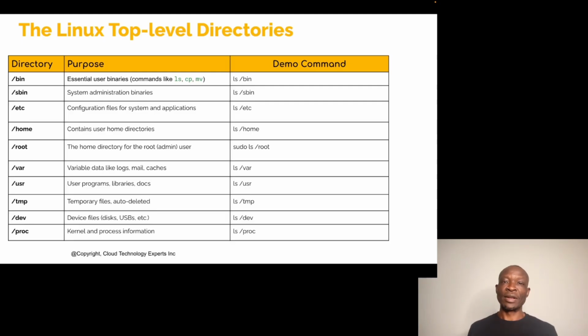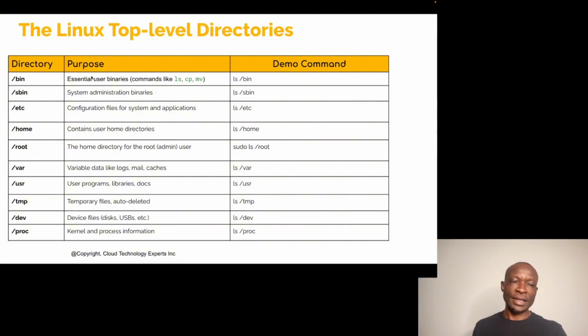And that could help you in being organized in how you manage your sysadmin duties. So as you can see here, under the root directory, we have /bin. And now bin is a short form for binary. Then this one here, sbin, is system binaries. Then etc is just etc. Then we have this /home, and then we have the /root, then the var, the usr, the tmp, the dev, and the proc.